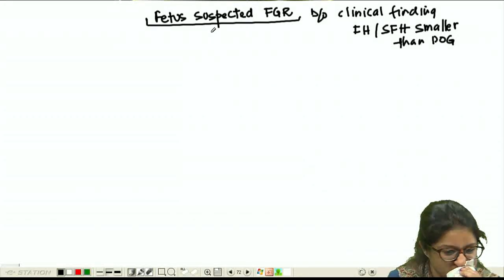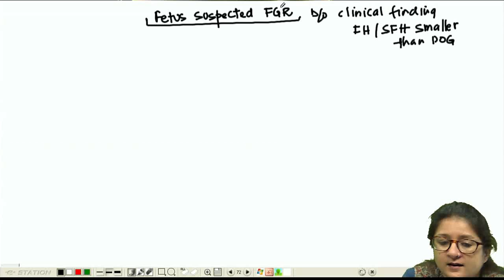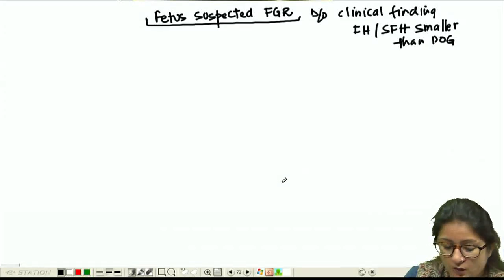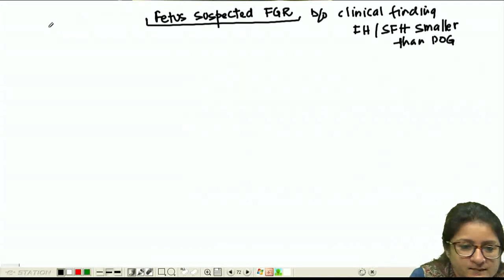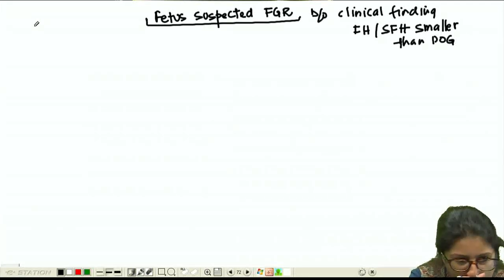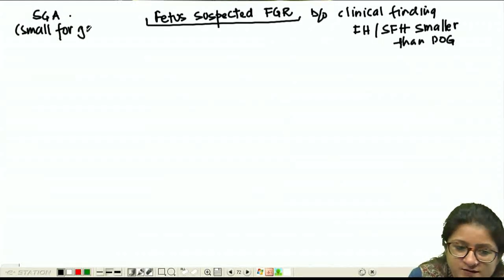When such a suspicion is there, then you have to understand that this growth restricted fetus or smaller fetus could be small for gestational age. This fetus could be small for gestational age.